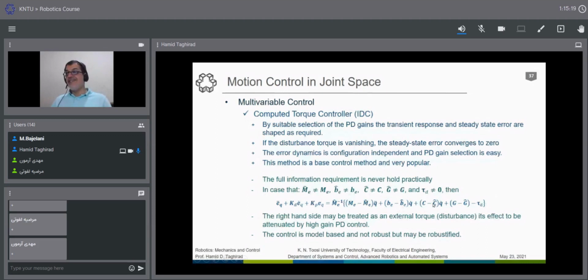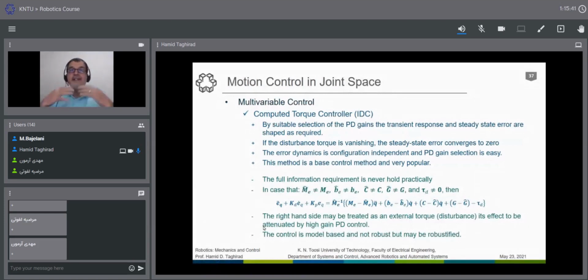We can see that these external disturbances can be attenuated by high PD gain. The only limit is we cannot wildly increase the gains because of the actuator saturation and also the noise that we have in the system.